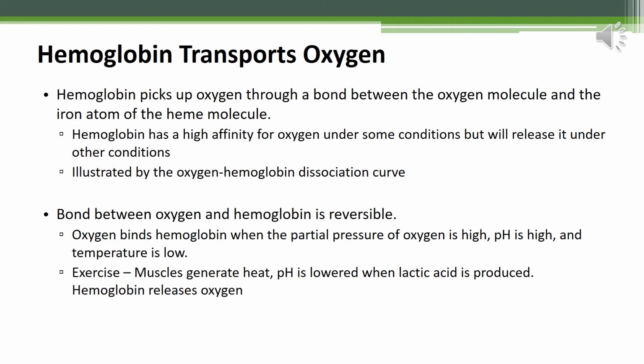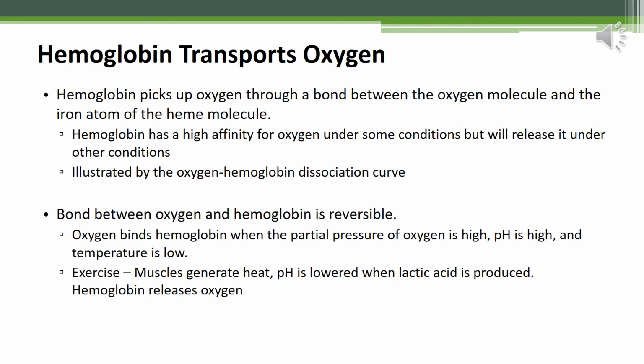Hemoglobin picks up oxygen through a bond between the oxygen molecule and the iron atom or ion of the heme molecule contained within the hemoglobin. Now normally hemoglobin has a high affinity for oxygen under some circumstances, but will release it under other conditions. And it has to release it because the body tissues need this oxygen at some point.